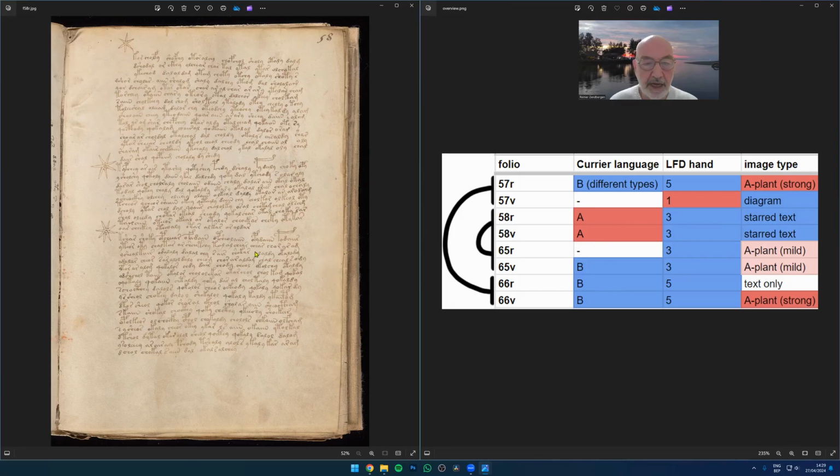Yes, that is correct. And in fact, the scribe of Quire 20, if I remember correctly, is 3. So that means it's the same scribe here doing the same kind of layout, but in a different language. Yes, and stars in the margin, also consistent. So they're all kind of doing different things here than they usually do.